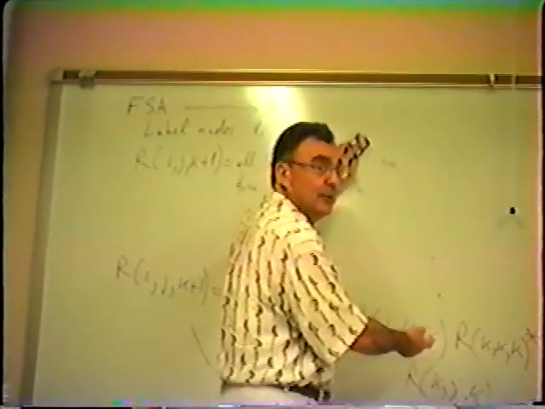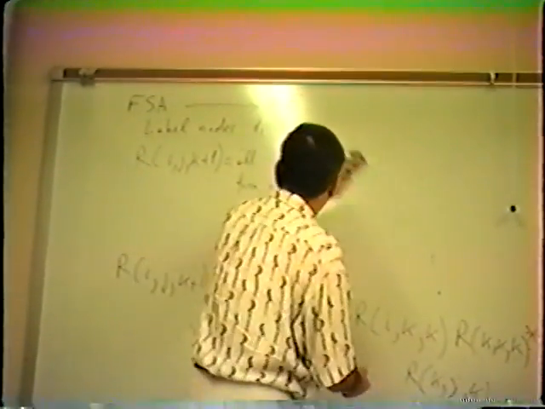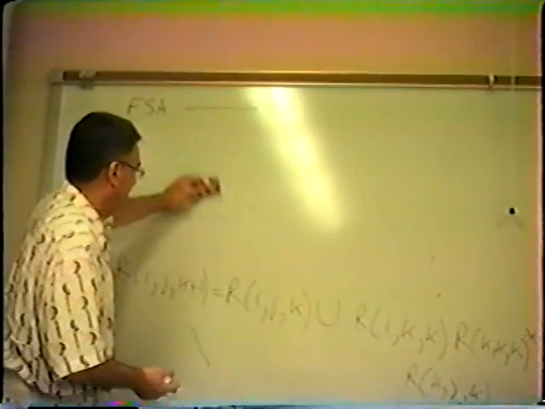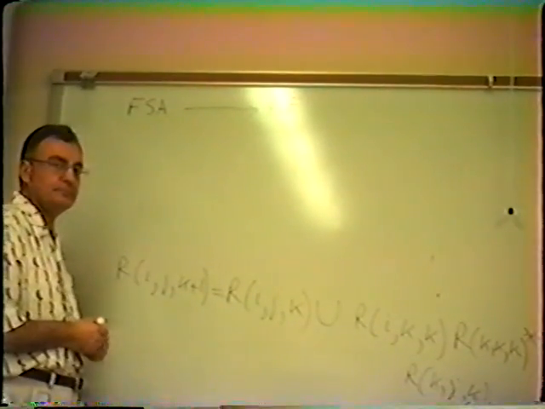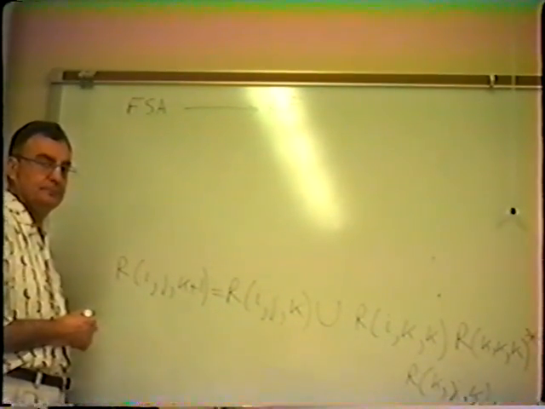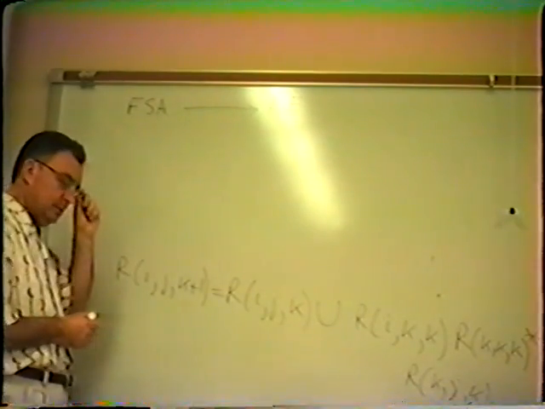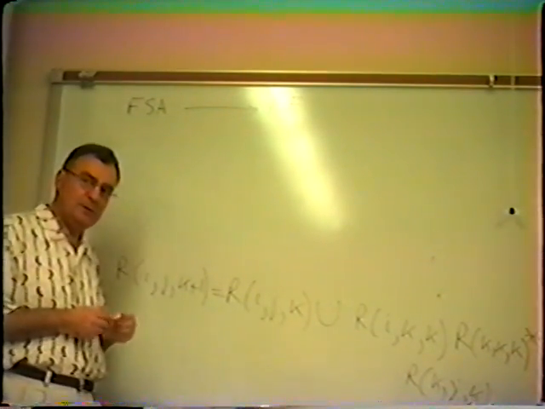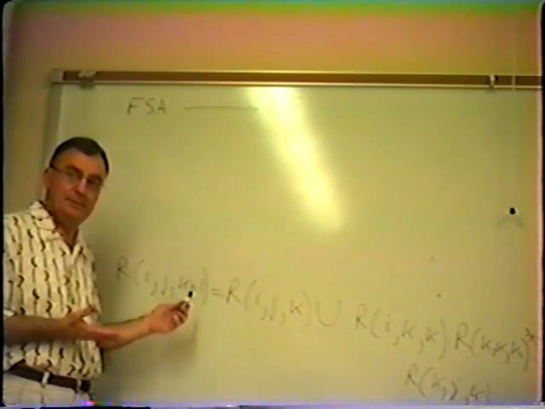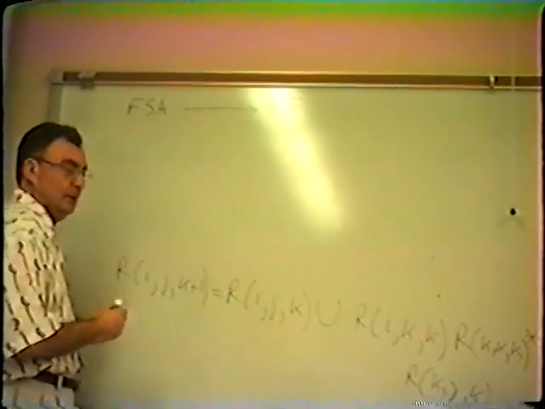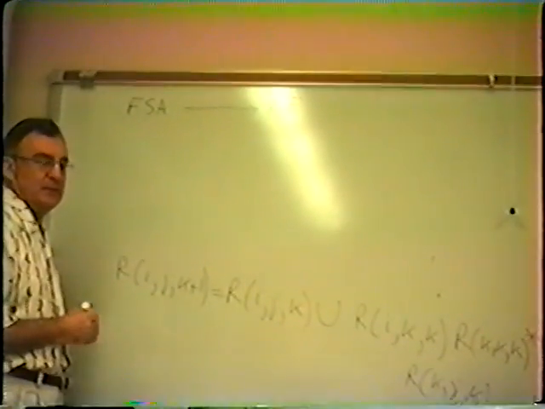That's the whole algorithm right here. Why? This is a recursive formula in terms of the third coordinate. Why does this formula give us the algorithm?